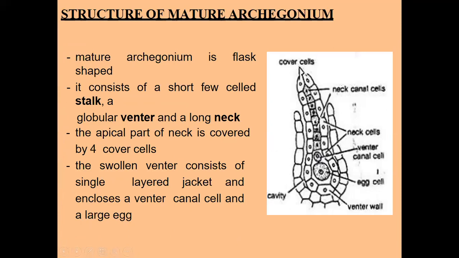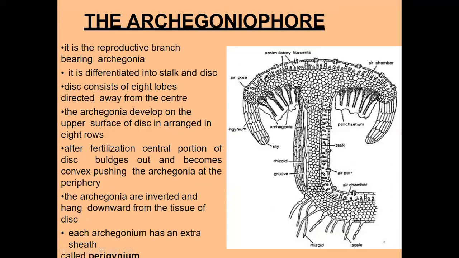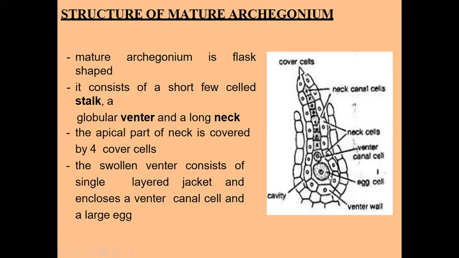Now when we talk about the structure of the archegonia, this is an archegonium, which is a flask-shaped structure having this globose venter. This is a broad, globose region, which we call the venter region, and the long elongated part from this venter we call the neck region. The venter is important, consisting of the female gamete, which we call the egg cell, and comprising a venter canal cell.